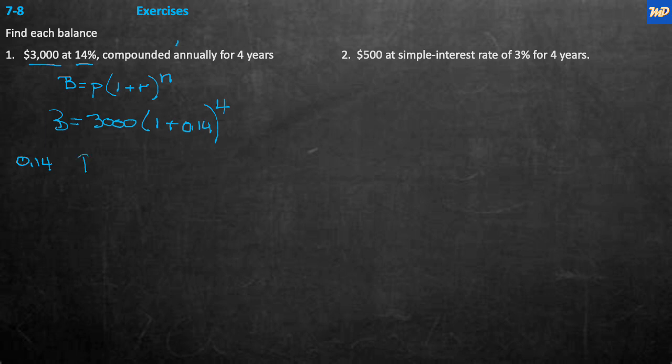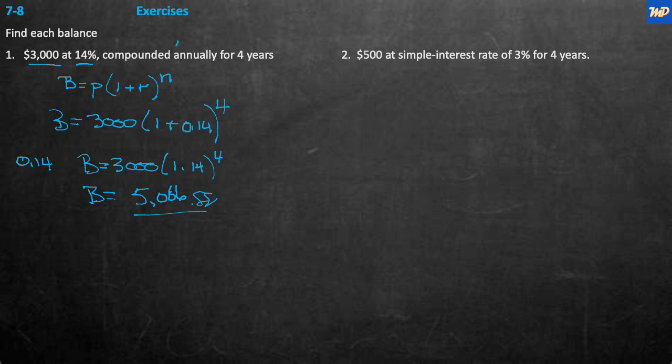So if we run this magic out here, B is equal to 3,000 times 1.14 to the 4th power. If we put this through our calculator, we're going to find out that B is equal to 5,066.88.